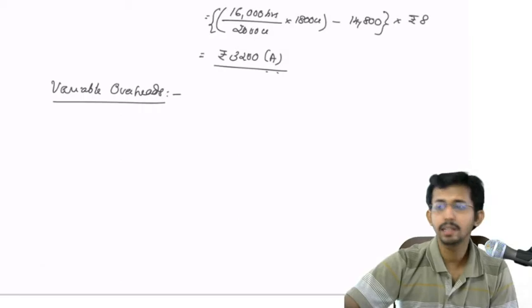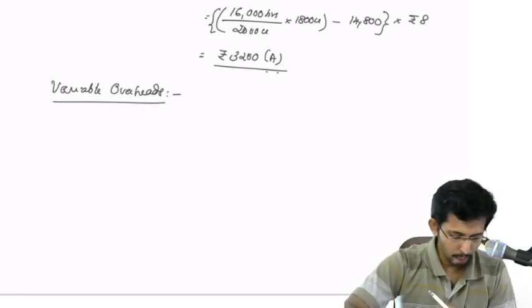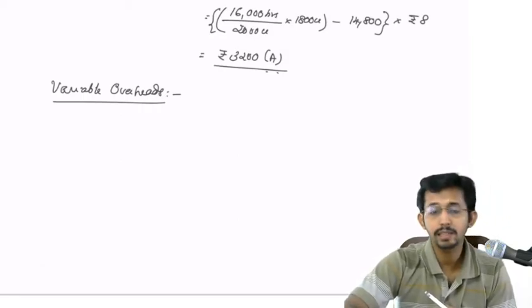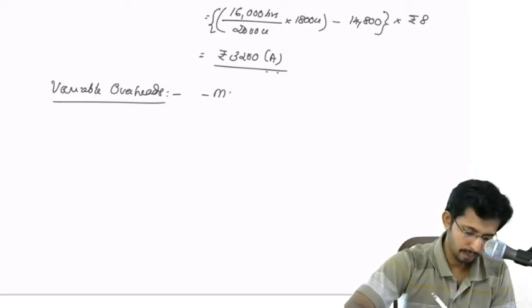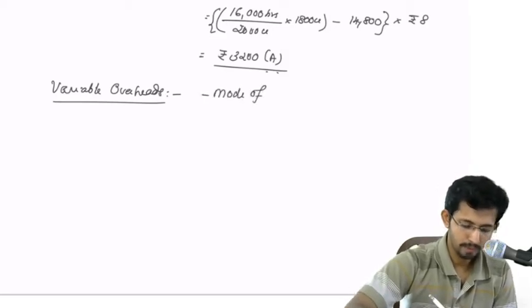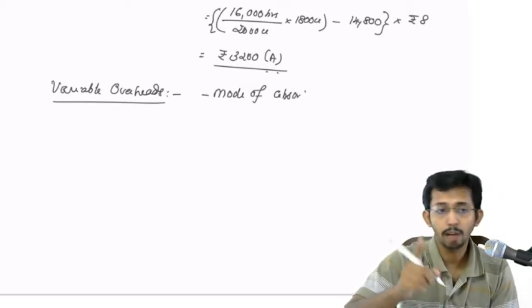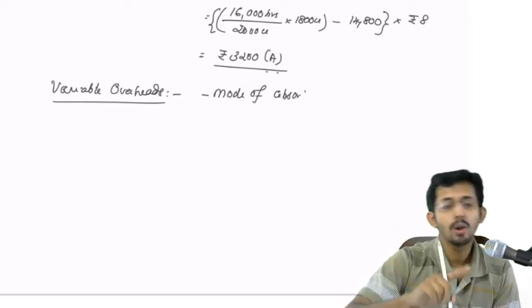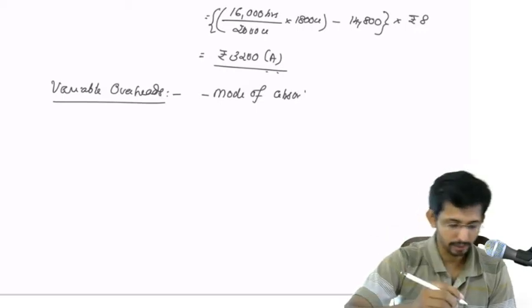Now variable overhead variances. The formula for variable overhead variances depends upon the mode of recovery or absorption, whether the variable overheads are absorbed on the basis of number of units or based on the number of hours consumed.